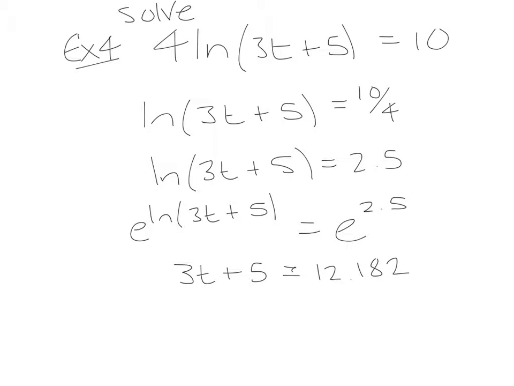And finally we can transpose for t, so 3t will be equal to, take away 5, so that would be 7.182. And then finally divide by 3, so t is equal to 2.394.